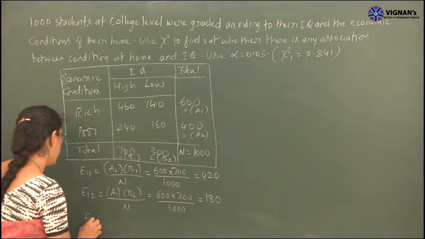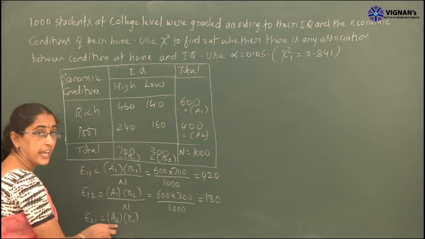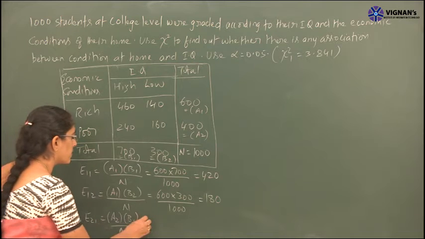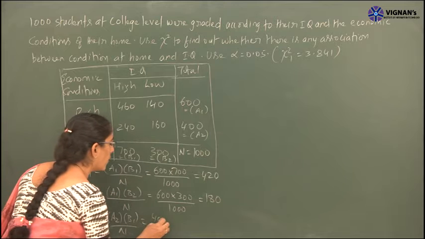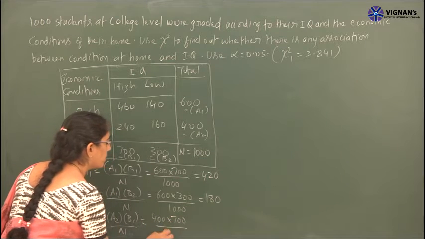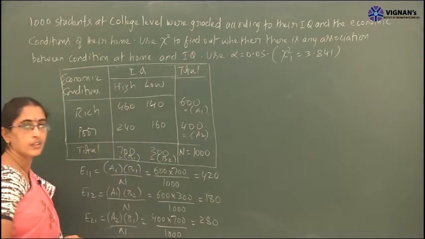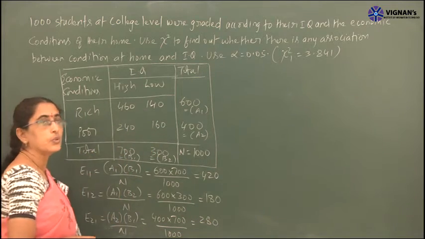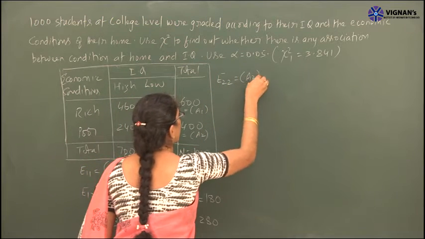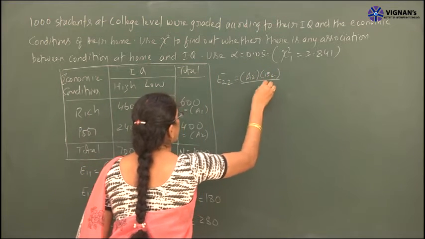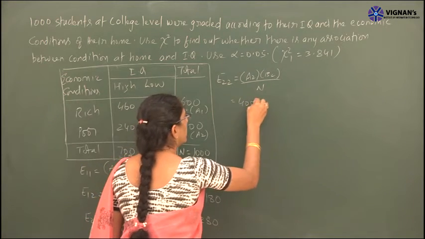So E21 equal to A2 into B1 by capital N. A2 means 400, B1 means 700, so 400 into 700 by 1000, which is equal to 280. The next one is E22, Ai into Bj, that means A2 into B2 by capital N, which is 400 into 300 by 1000.